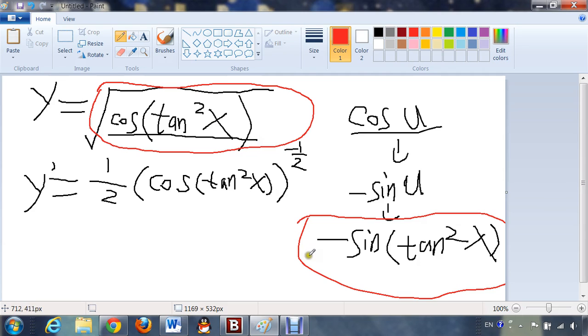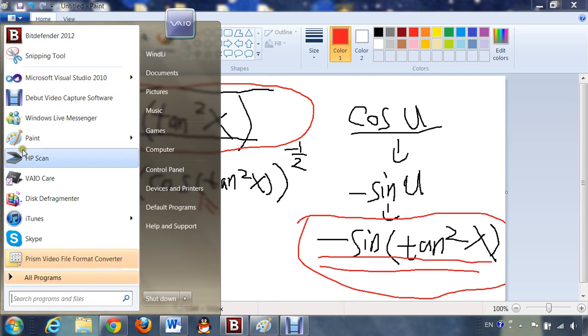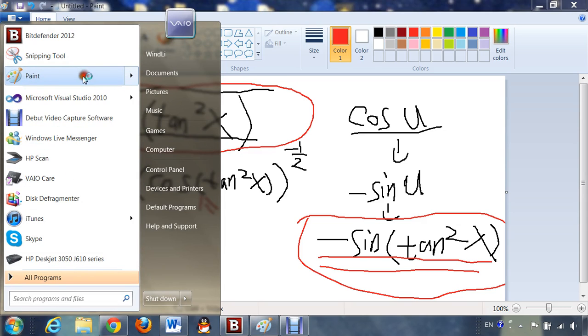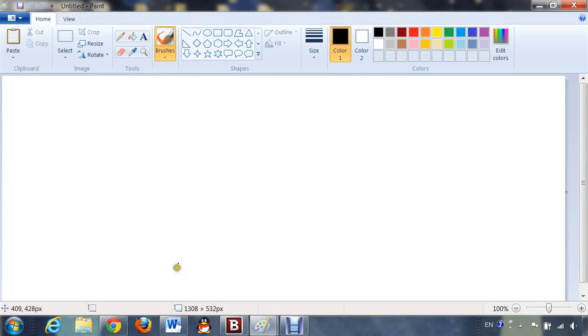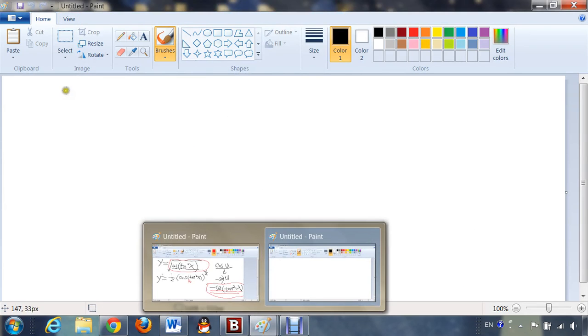So what do we do with that? Remember, we just multiply these things with the derivative that we just found before. Let me open another one real quick. Okay, let's rewrite the problem here.